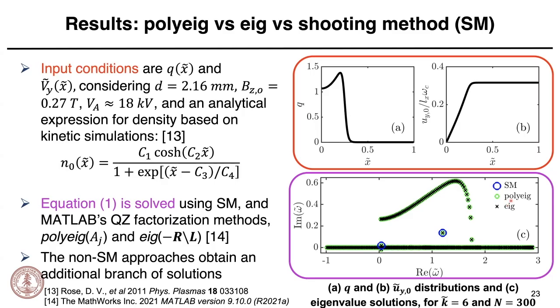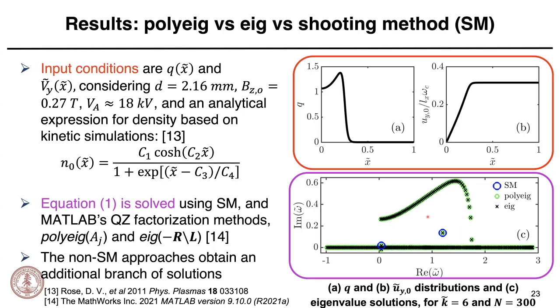But through the polyeig and eig solvers, which is MATLAB's QZ factorization methods for solving these eigenvalue problems, you get these additional solutions in addition to the ones that the shooting method also was able to get. And so, of course, the main advantage is that with these eigenvalue formulations, you don't have to use an initial guess. You get all the solutions at once. And as you see here, we get this additional branch of solutions that the shooting method did not obtain.